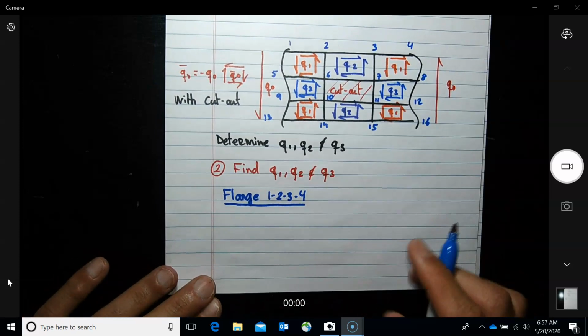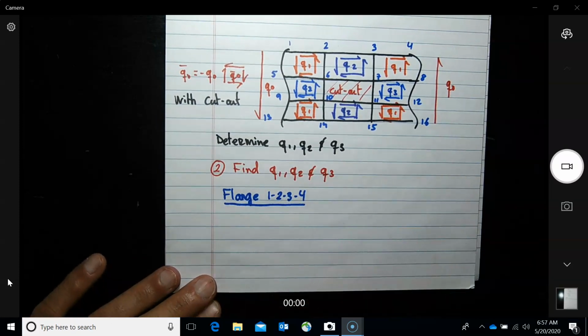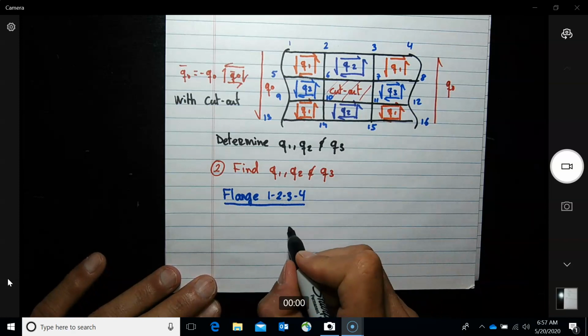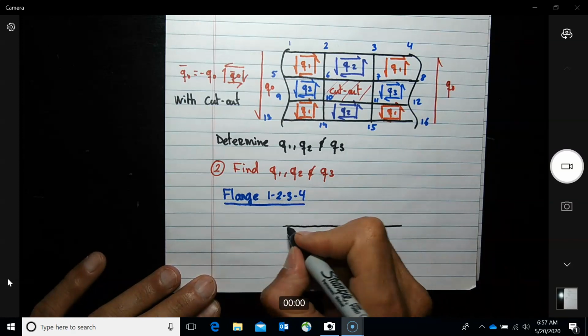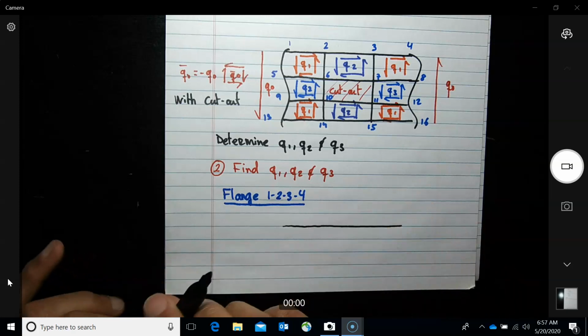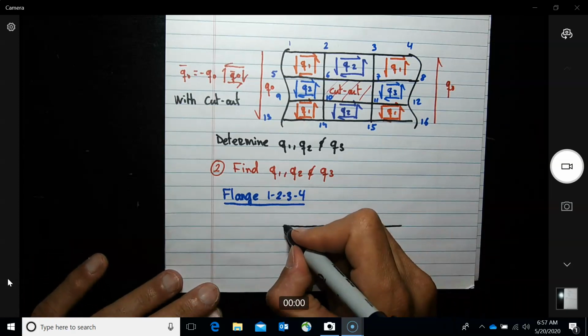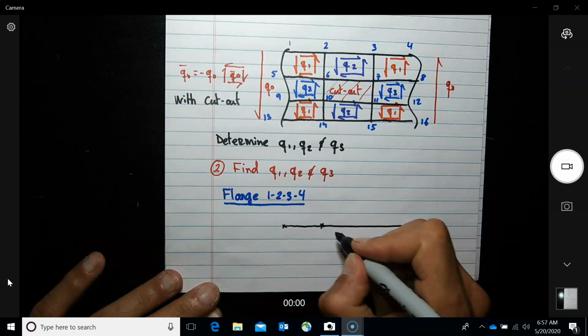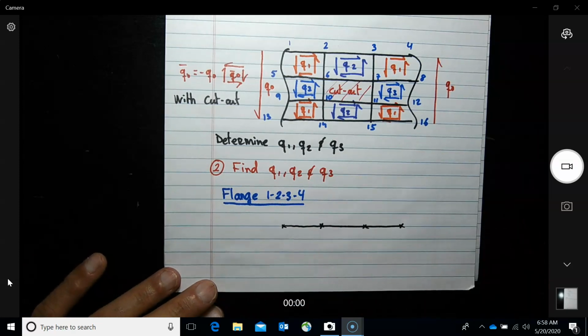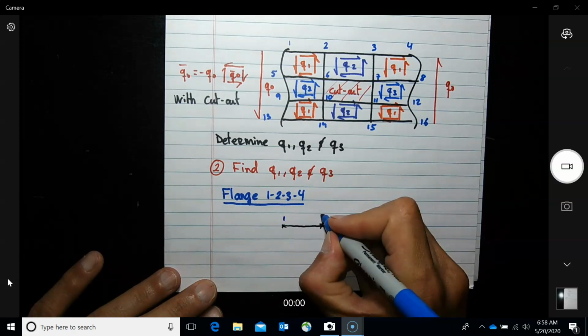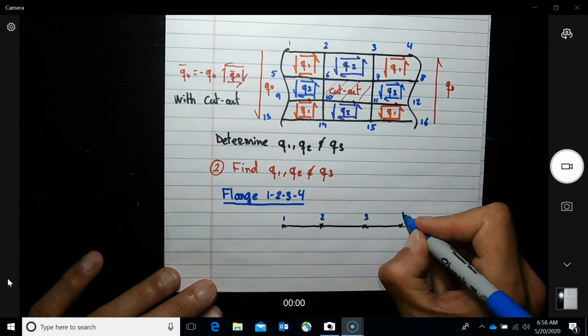Okay. So if I look at that one, I just do the sketch over here. So let's say this will be 1, 2, 3, and 4.